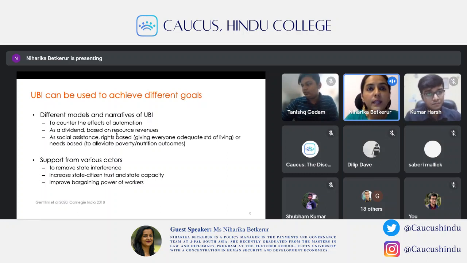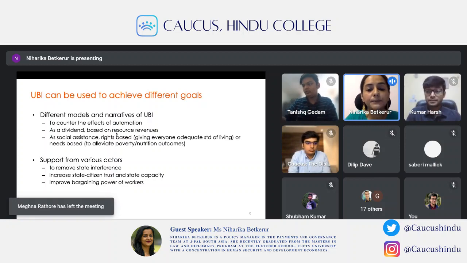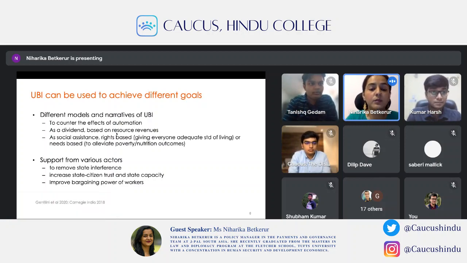And UBI as a concept is also unique in the way that it receives support from a wide variety of actors. So be it people in the US, like these tech magnates thinking of UBI as a way to offset job losses, or certain sections of the political spectrum who say that current social protection systems are extremely paternalistic and impose a lot of conditions on people.